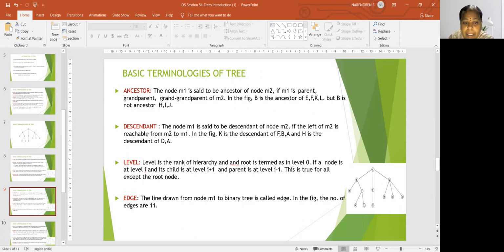What do you mean by the descendant? Next, we are going to discuss the descendant. A node M1 is said to be a descendant of node M2 if M1 is reachable from M2.